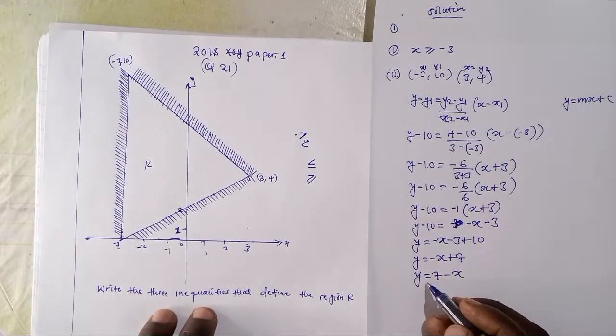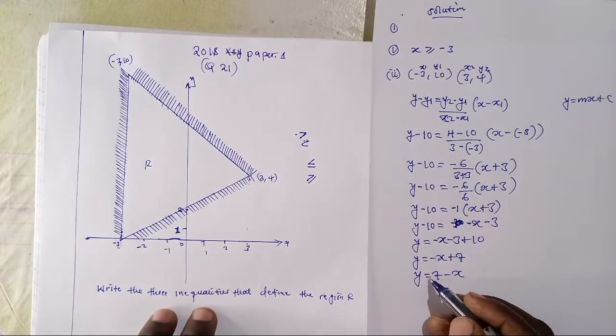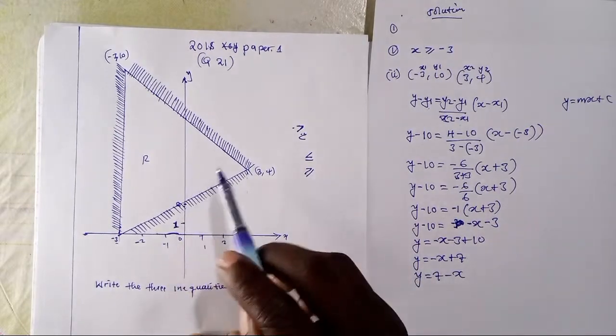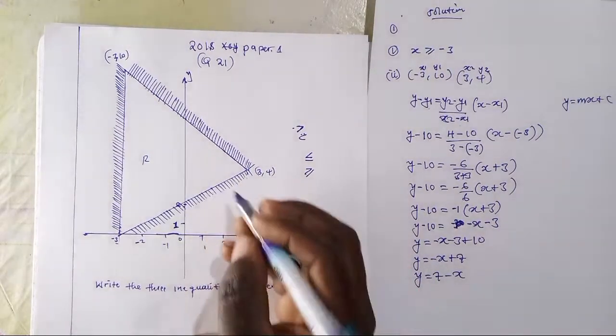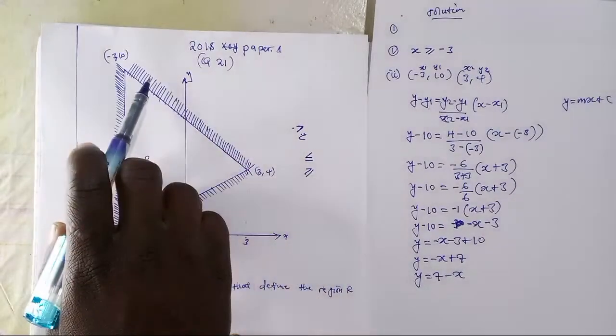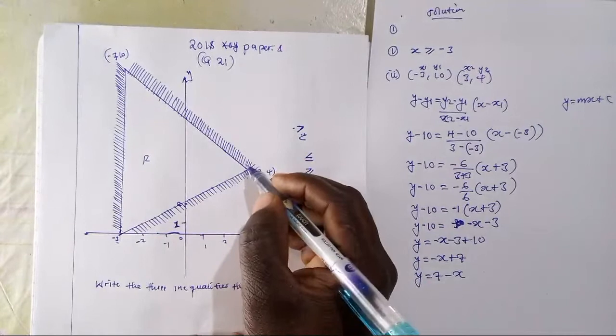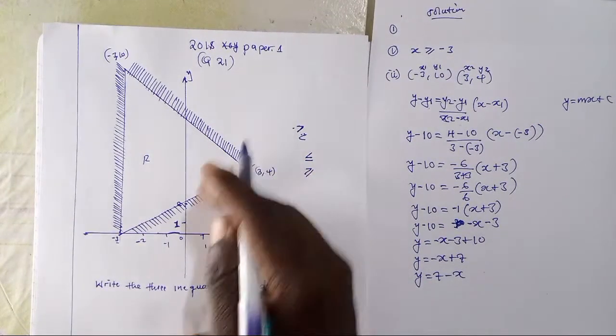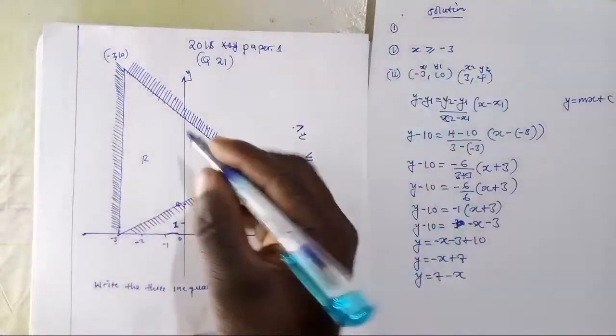So now, if you can see, this is an equal sign, so we have to use the inequalities. So if you can see, from this line, the shaded region is above it.